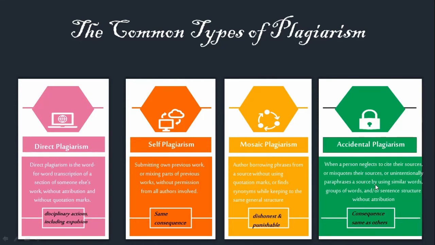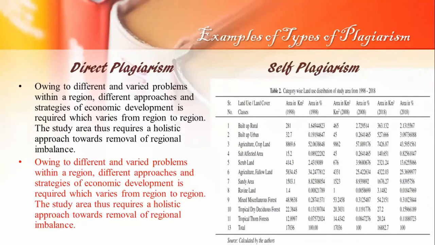For example, if I am working on landslide susceptibility mapping or flood susceptibility mapping, certain words like flood, susceptibility, mapping, thematic layers will be the same. You cannot change flood to some other word. You cannot change susceptibility to some other word. You cannot change landslide to another word. So unintentionally, we are using the same words. That is accidental plagiarism.